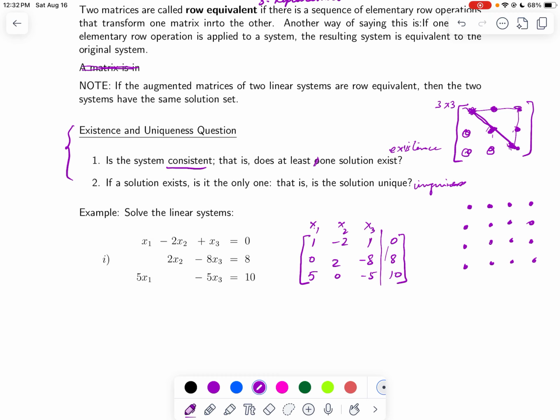And the main diagonal will be this. So all the entries below this must be 0, which means this is 0. This is 0. And this is 0.